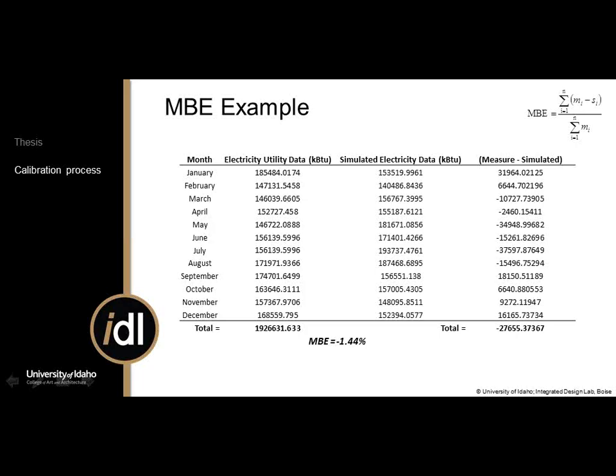Those numbers offset each other and result in a negative total error. You take that number divided by the total of the utility data, and you get a result of negative 1.4% for the mean bias error, and the model will be deemed calibrated.